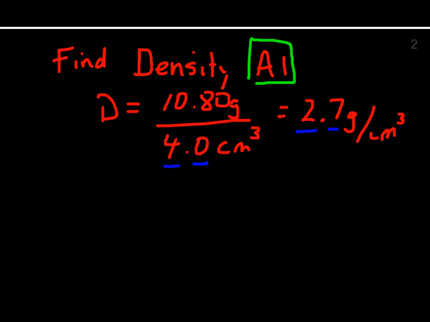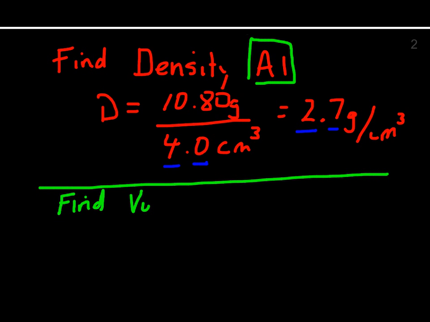So the next step is I want to find the volume of the foil. Again I'm using density is equal to mass over volume, but this time I'm starting off with the density, 2.7 grams per cubic centimeter.